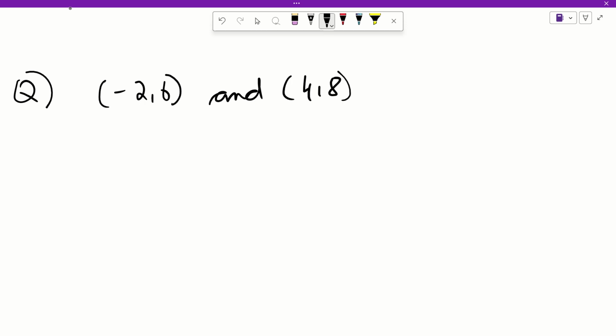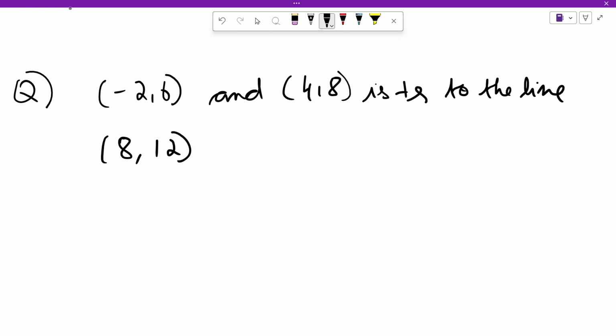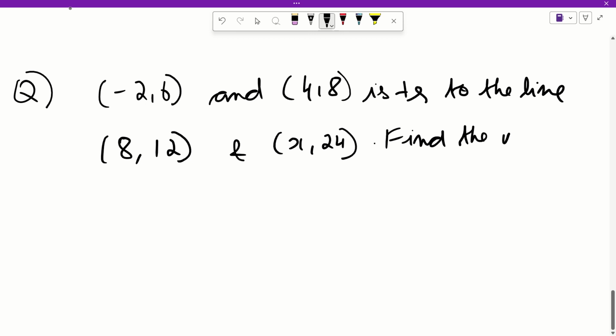Question: the line through the points (-2, 6) and (4, 8) is perpendicular to the line through the points (8, 12) and (x, 24). Find the value of x.